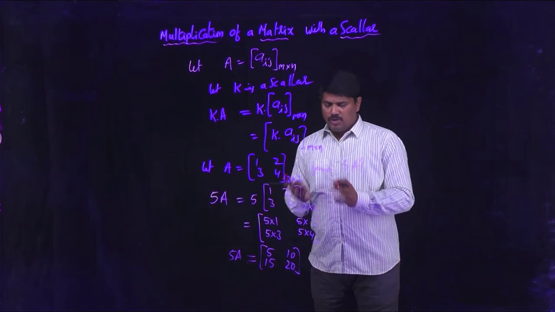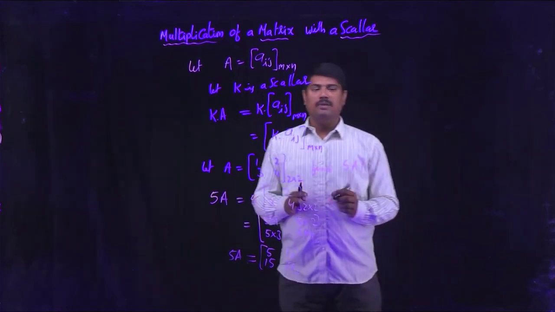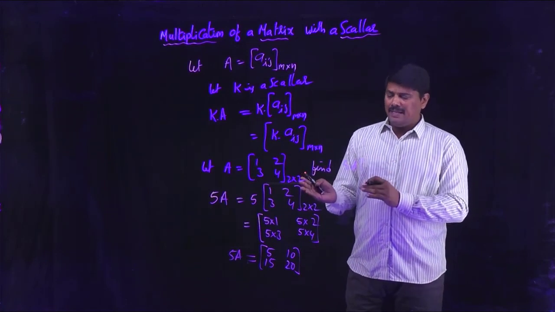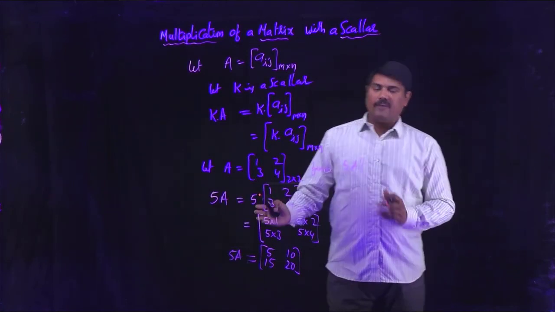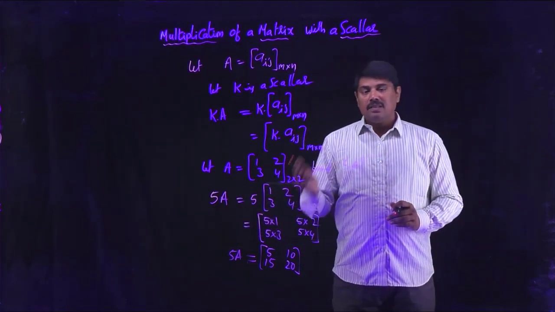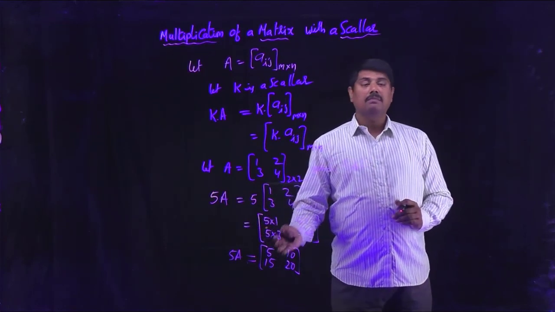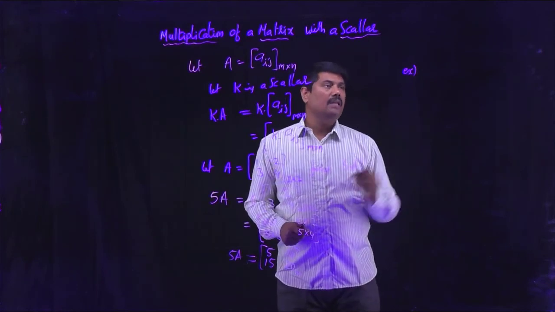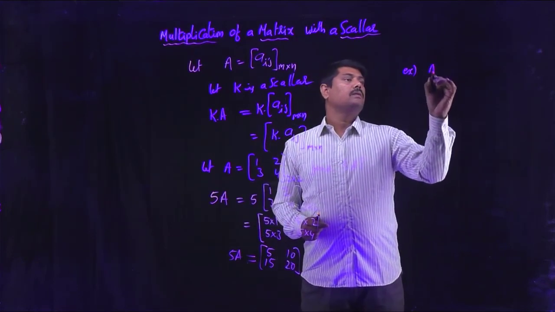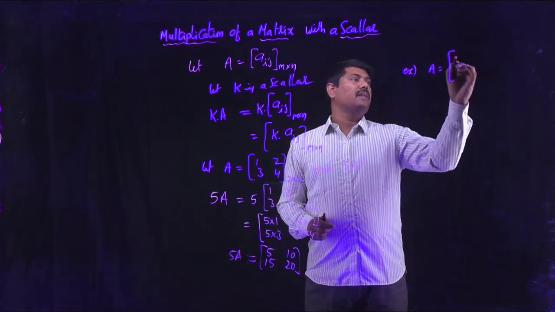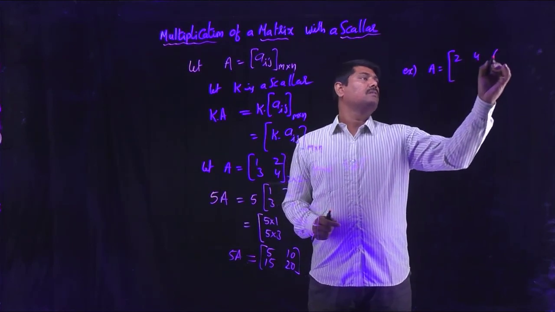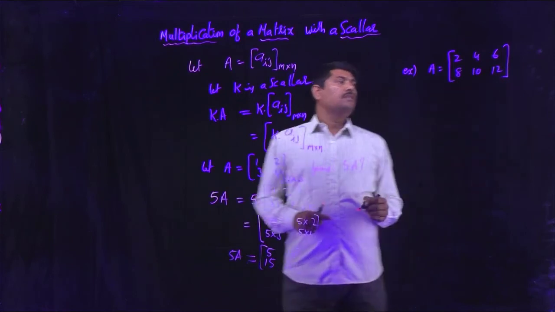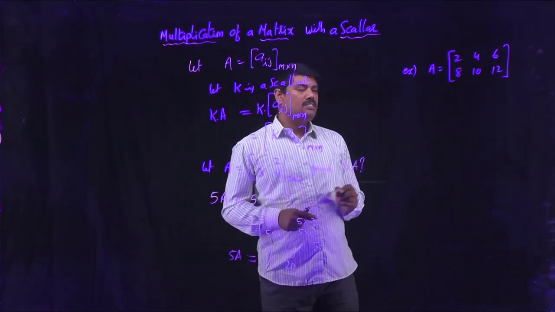You have to remember another point also. Whenever you are separating a number from a matrix, that number must exist in every element of the matrix. Now let me observe one example here. Let us say A is like this. That is the matrix I considered.